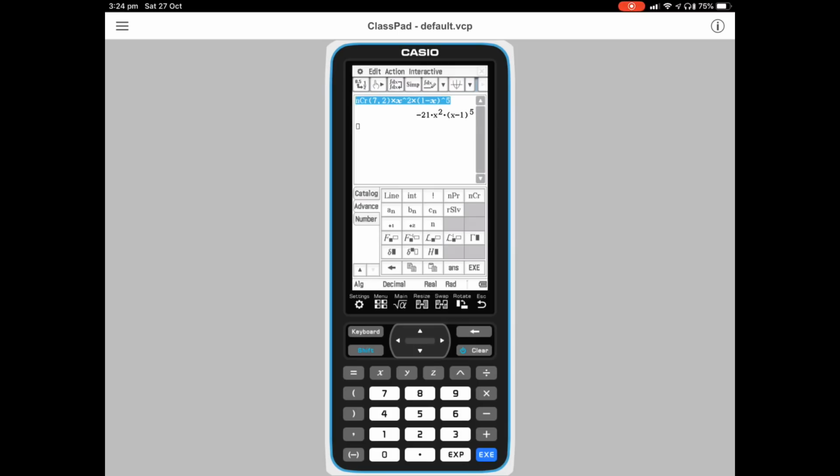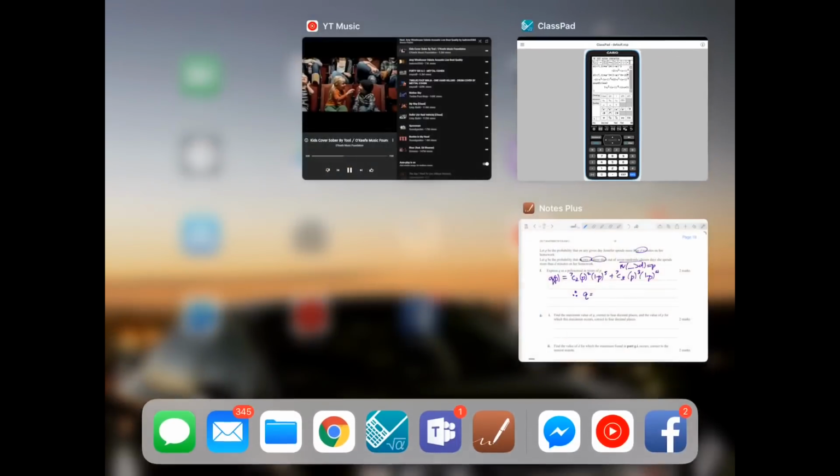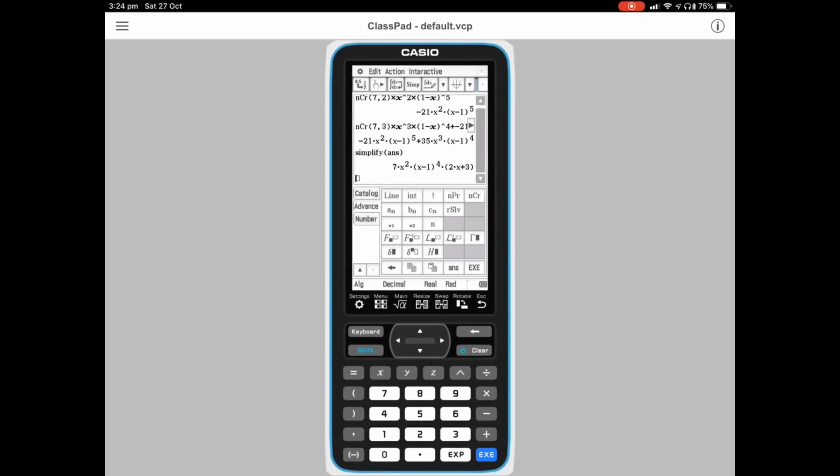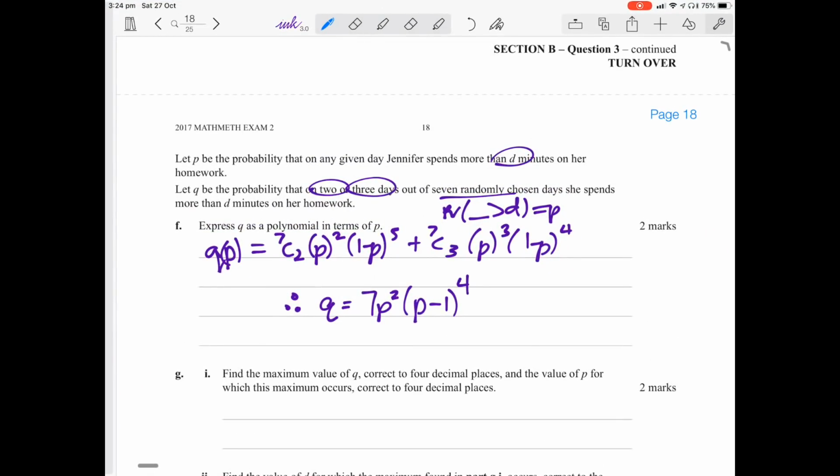I'm just going to do that plus that, and change this one to be 3 and 4. Simplify. Okay, so 7p squared, p minus 1 to the 4, 2p plus 3. So that's Q in terms of p.